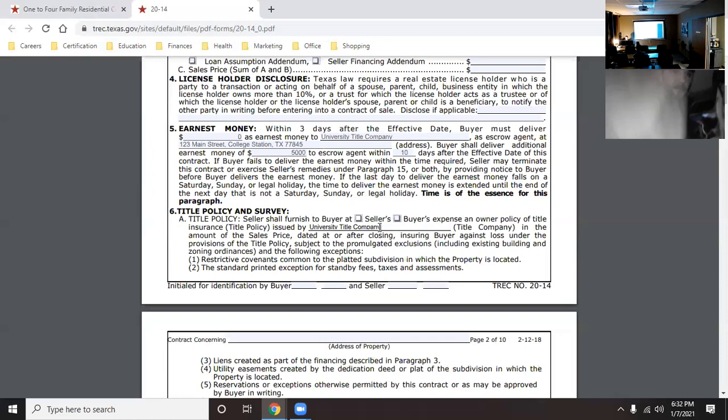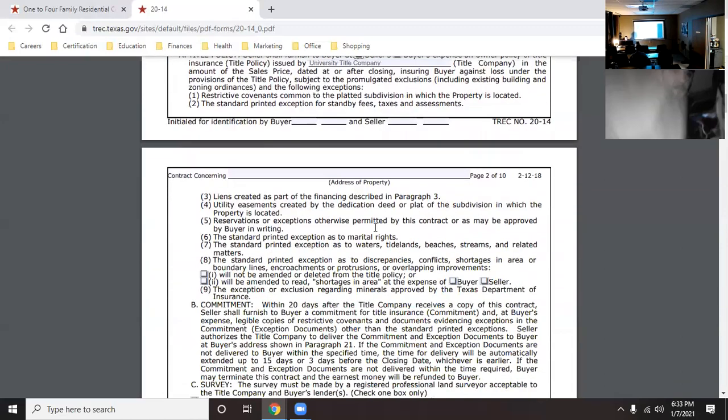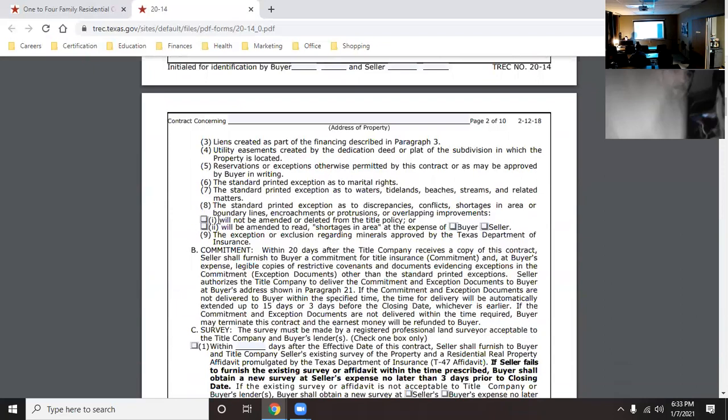Make sense? Now, what normally happens, and of course I'm going off the normal business practices most of the time, the seller is going to pay for the title policy. Okay? This right here on 8 is dependent on the real estate brokerage that you're with. Some brokerages will tell you that they want you to check box 1. My brokerage, I always want you to check box 2.